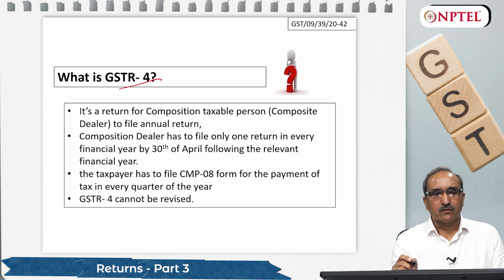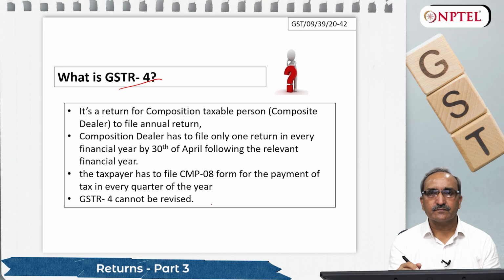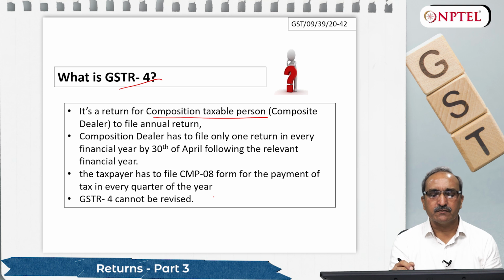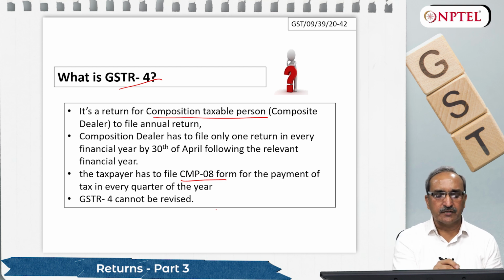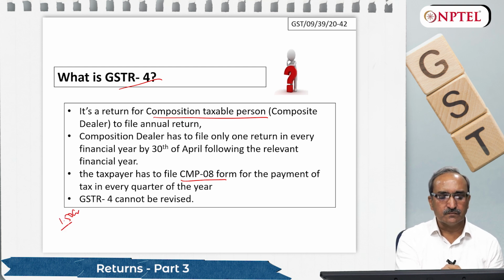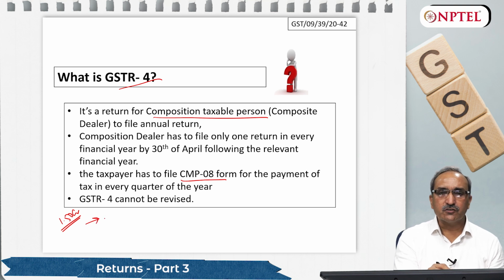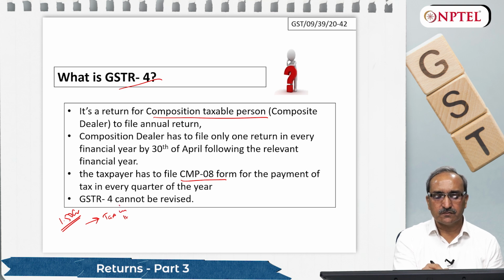Now, GSTR 4, another return under GST by a composite taxable person. He will also file CMP 08. So this composite dealer or a person having turnover up to 1.5 crore has option to go for this scheme where he will not charge tax in his invoice.